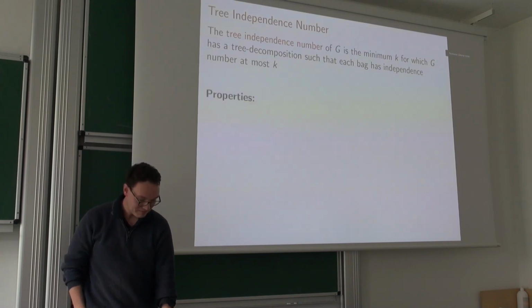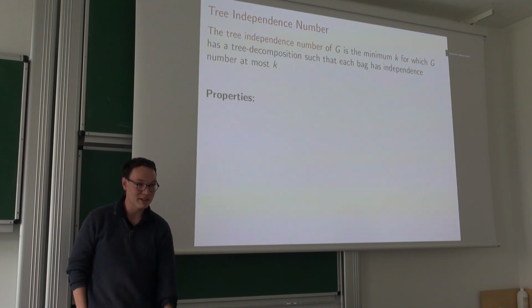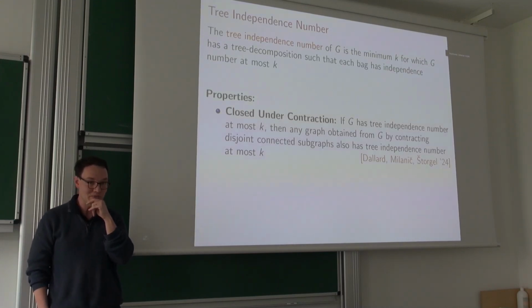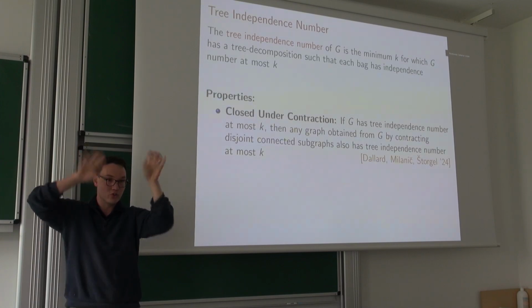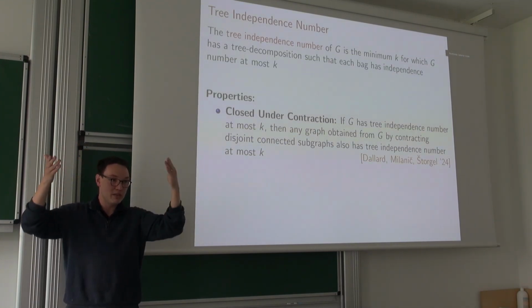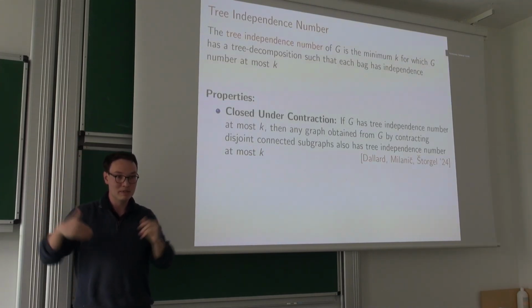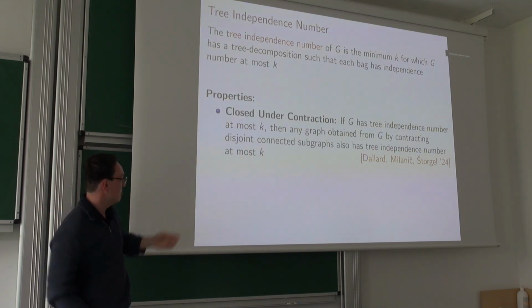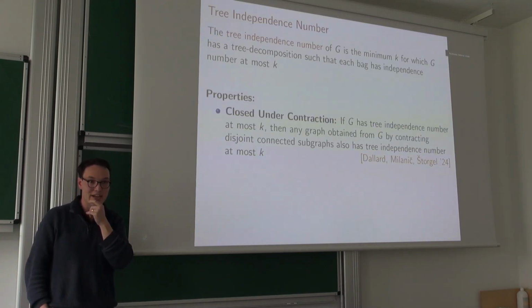Now there are two useful properties of tree independence number for my purpose. The first is that it's closed under contraction. If a graph has tree independence number at most k, and you contract some edges, the tree independence number does not go up, it can only go down. Roughly, why is this the case? You can think of the same property for the independence number of a graph.